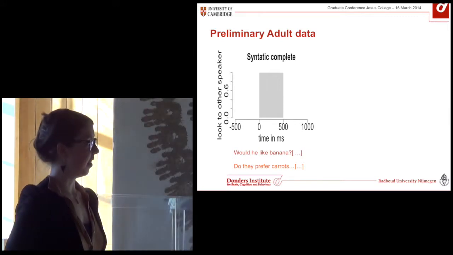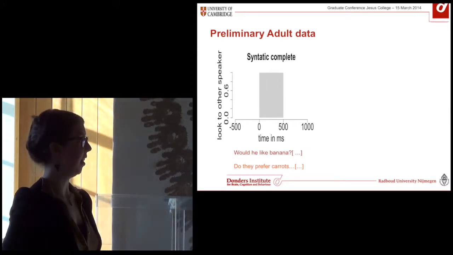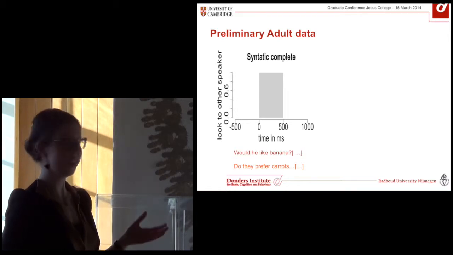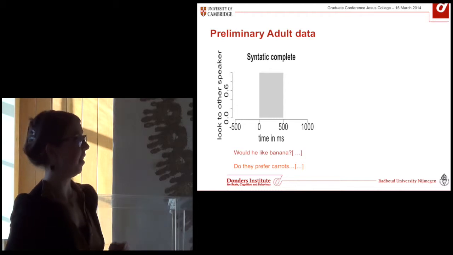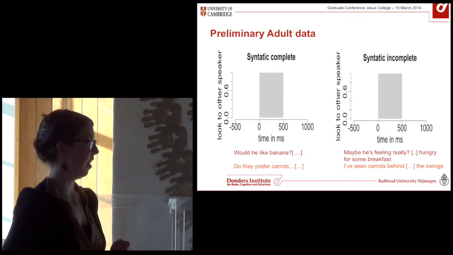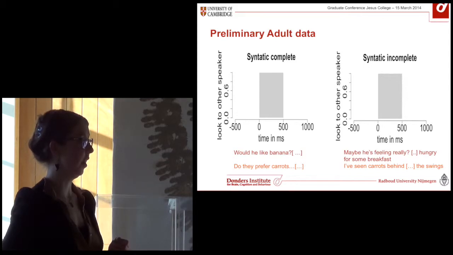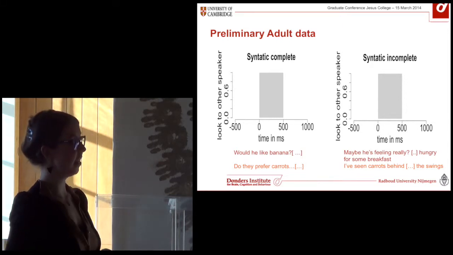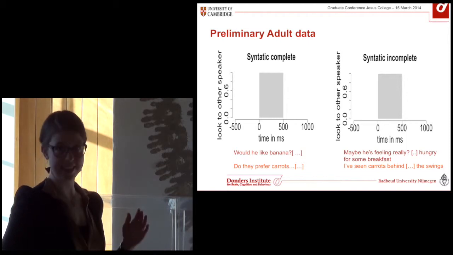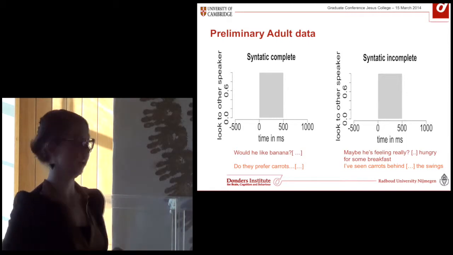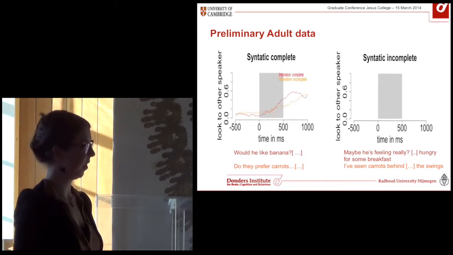Here the sentences are complete, and the red one is with a question intonation, and the orange one is with an incomplete intonation. And here the sentences are incomplete at the point of measure. Again, the red one is with a question intonation, and the orange one is with a continuation intonation. And on the y-axis you see whether they anticipate a speaker change or not.